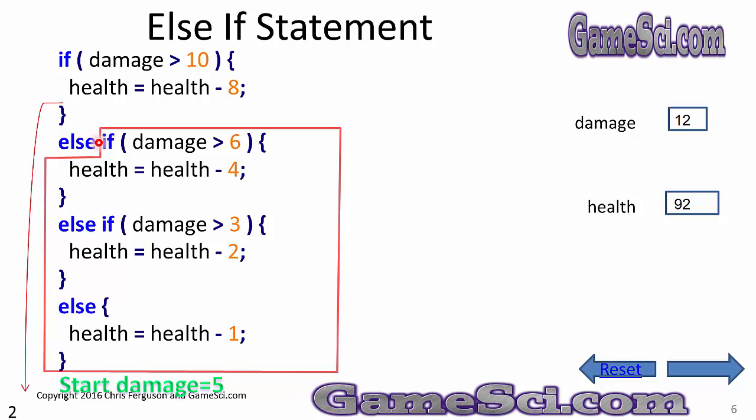So rather than putting a curly brace here, I immediately put a single if-else statement. And what I'm going to do is skip this entire if-else statement. So everything I have outlined here will be skipped in this else-if statement. I'll follow this path, I'll skip the else, and basically the only line of code that executed here was health equals health minus 8. That's what an else if statement does.